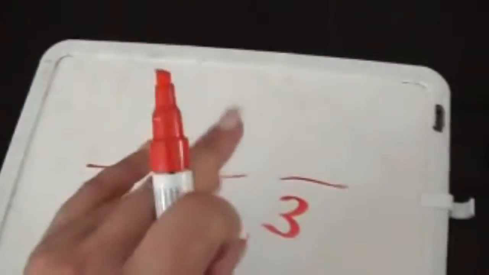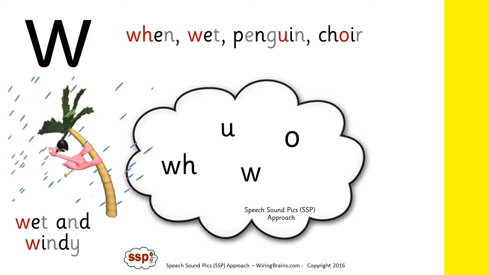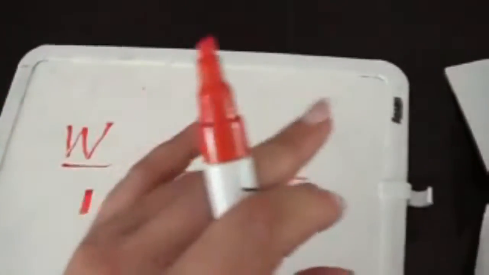Supposing I was to take a picture with my magic speech sound camera of that w, o, z. I'm going to take a picture of w. Say it, w. Take a picture. Well, this is the picture for w in the word was. Listen for the o. W, o, z. W, o, z.